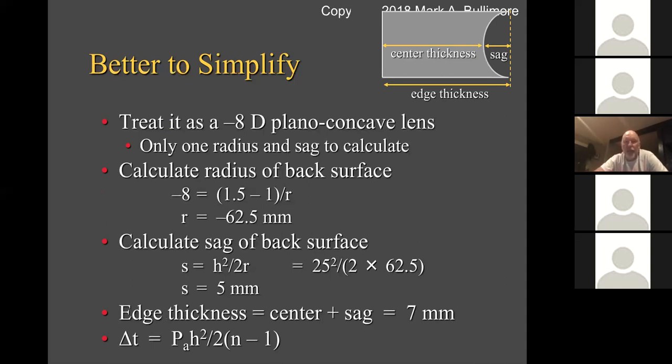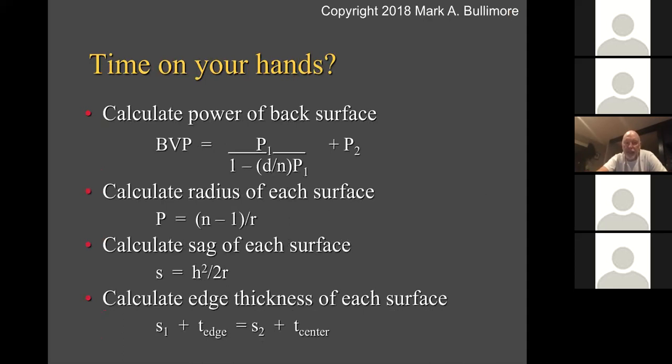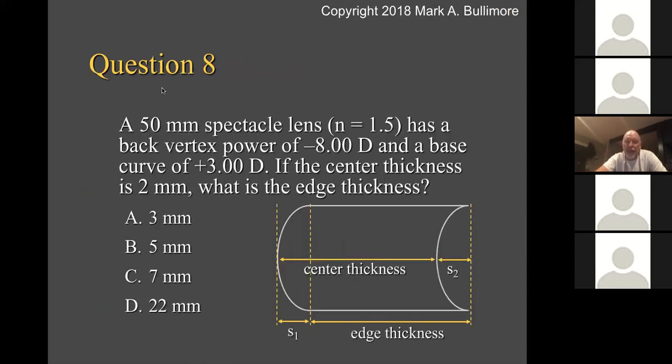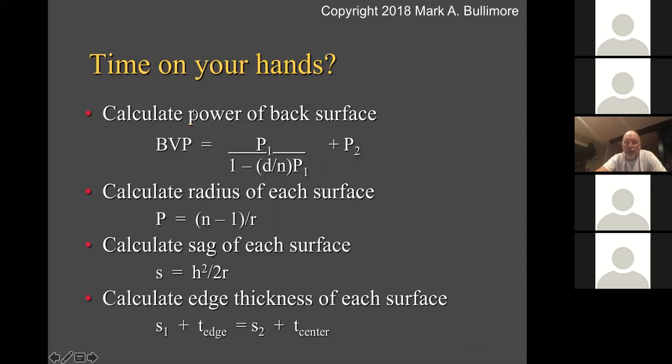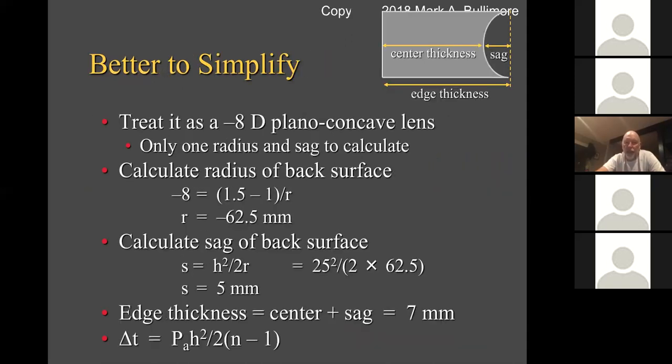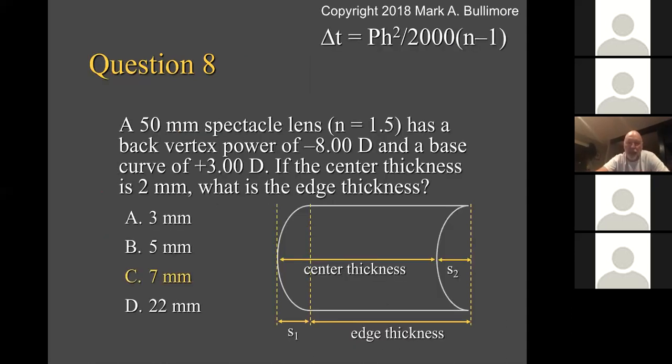The thing you've got to remember, of course, is that this is a 50 millimeter spectacle lens, okay? So the important number to consider, whether you use the exact method or the approximate method, is that you've got to use 25 for H. That's the half chord length rather than using the whole diameter, okay? So you should get that answer.